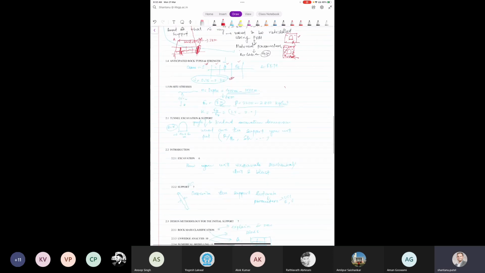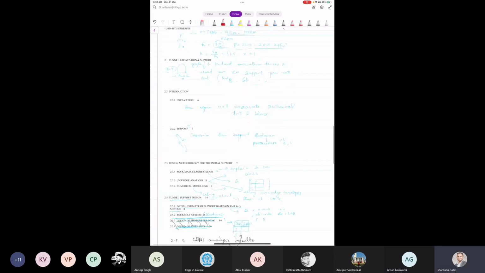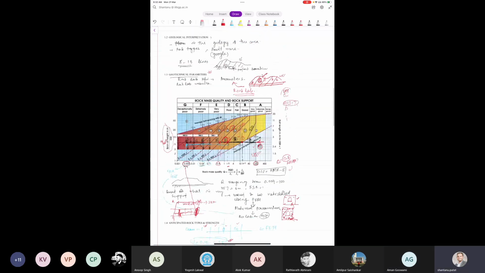Then I will go to the recommendation for class 4 support. Where do we find that? We will do the FEM analysis. Initially we will estimate from our rock mass classification system what support system we need.